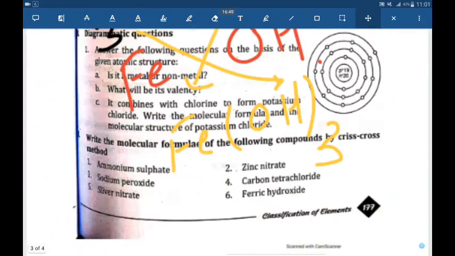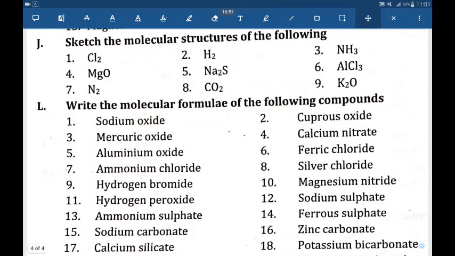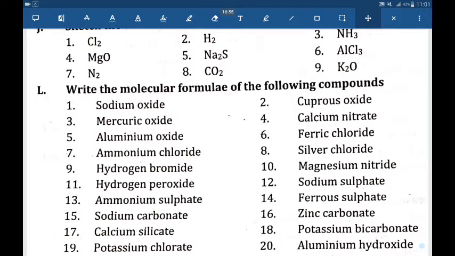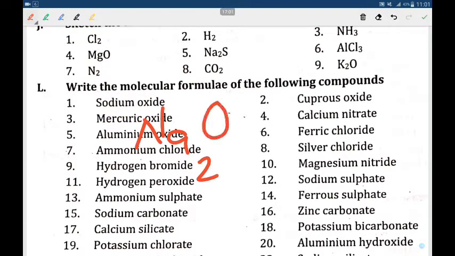Okay, question number L. Question is, write the formulae of the following compounds: sodium oxide, Na2O, sodium oxide; cuprous oxide, Cu2O; mercuric oxide, HgO.